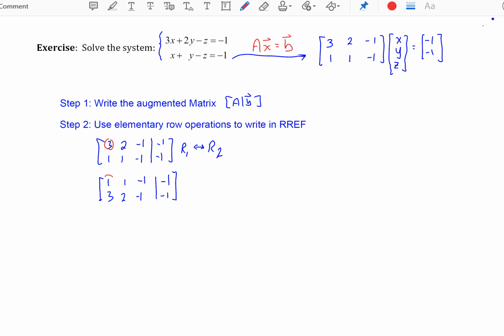Now that we have a 1 in this pivot position, we're going to use that pivot number to make what's below it turn into zeros. And so now we look at this value 3, and we say to make this 3 be a 0, we could go -3 times row 1 and pay attention to how I'm keeping track of my operations that I do. I'm writing it on the same row as the one I'm manipulating.